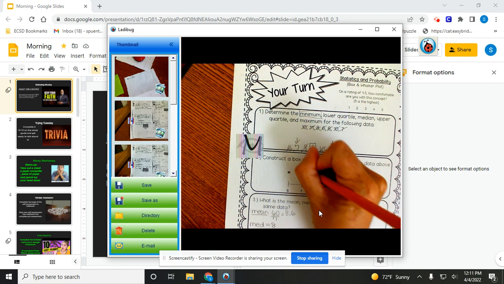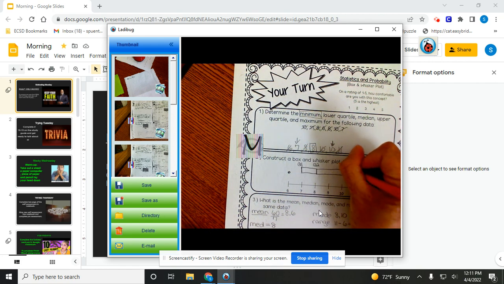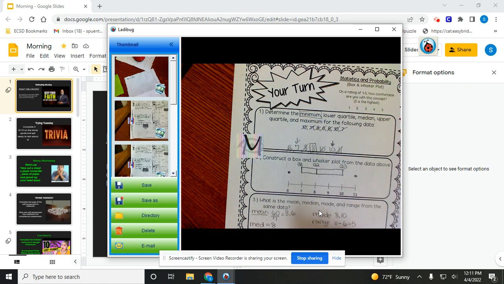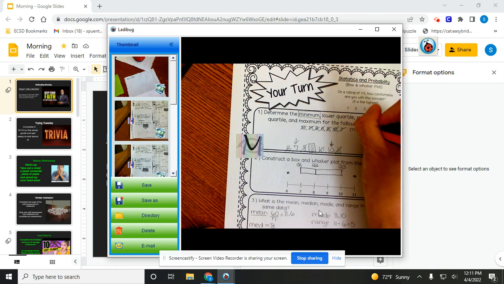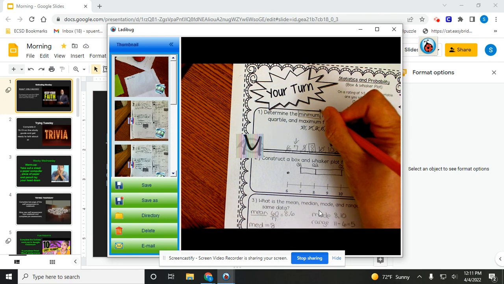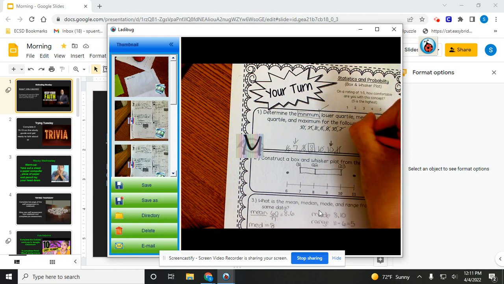So our 7 is our Q1, and our Q3 is our 10. And that's what we have. So our minimum is our 6. Our Q1, or lower quartile, is going to be a 7.